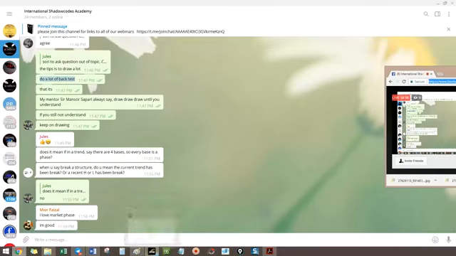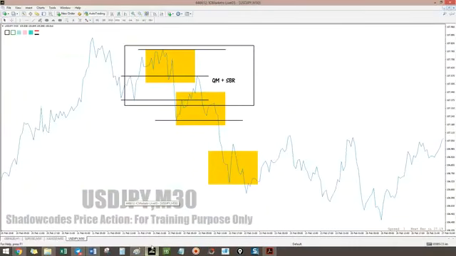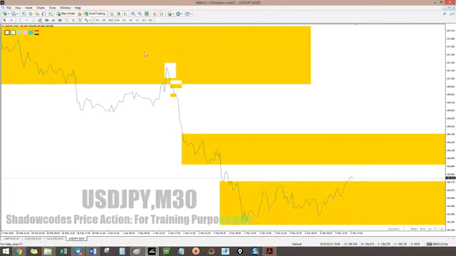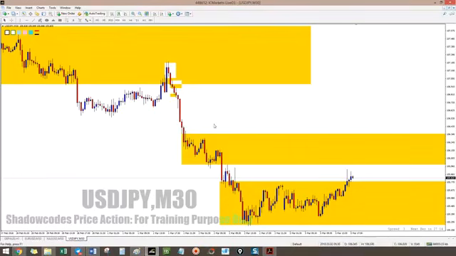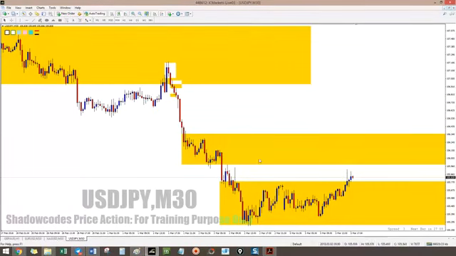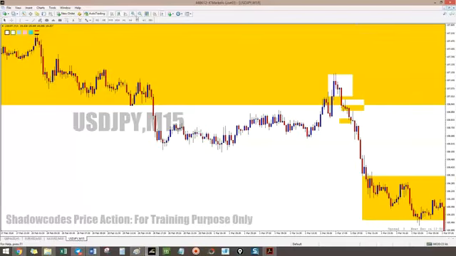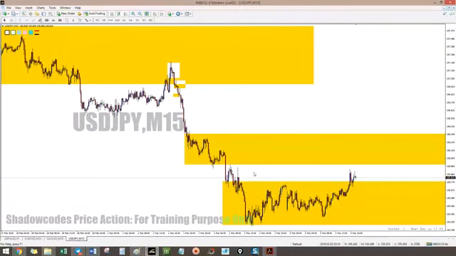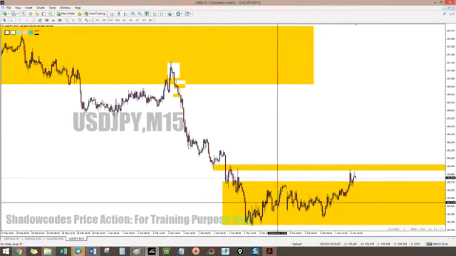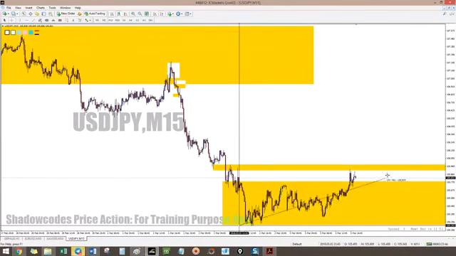How about this trade at UJ? What's up? Oh, it's already going up again. It's only temporary, maybe. M15. Okay, this is a really good trade actually. Over here, it's a really good one. But who knows? This is already a compression.